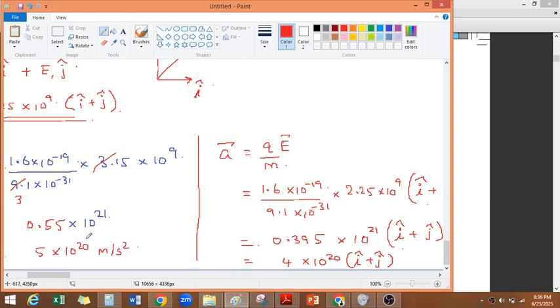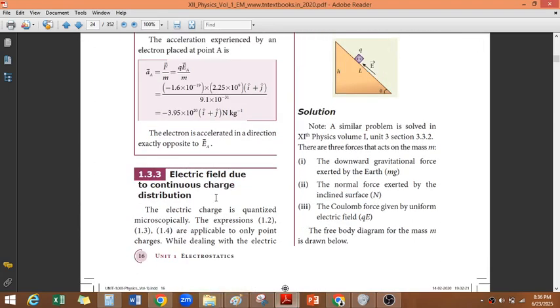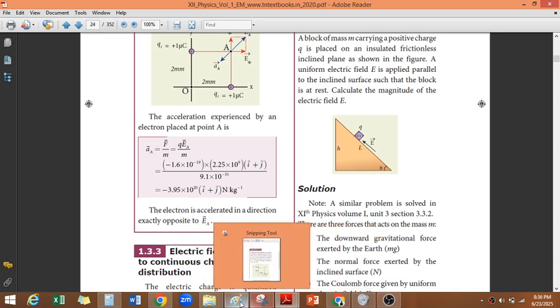Vector now, this is the magnitude. Vedant, are you following? Yes, sir. So I think I got 4, they have got 3.95. So it's the same thing, right? And Newton per kg. Acceleration you can write as meter per second square or Newton per kg. Both are same.